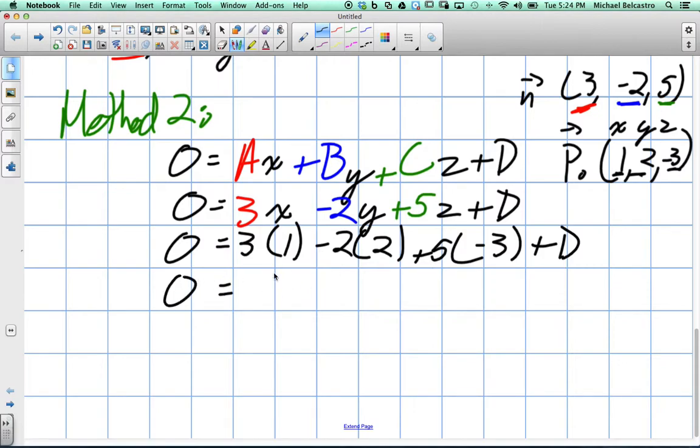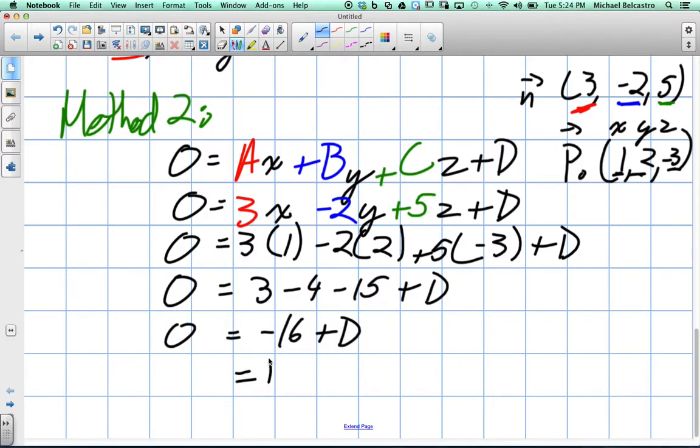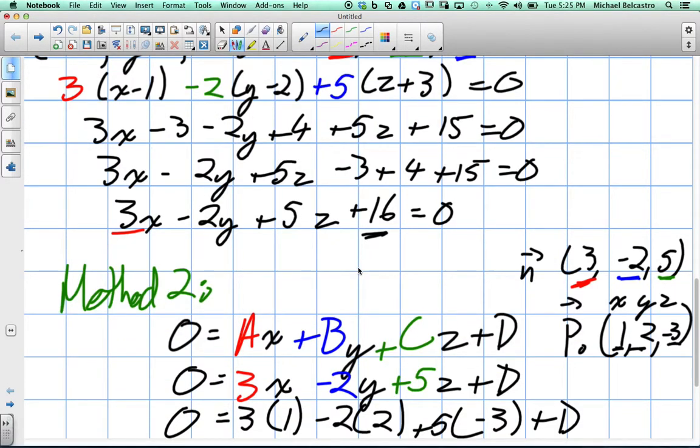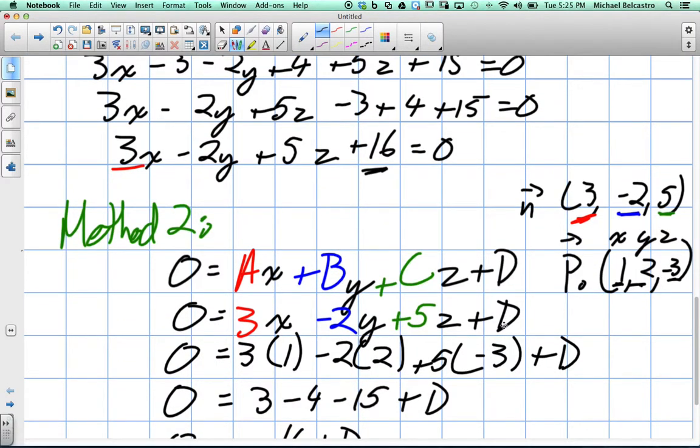This gives us 0 is equal to 3 minus 4 minus 15 plus d. In this case, we'll end up with negative 16 plus d is equal to 0. D is equal to the value of 16, which is exactly what we had found above. So we would just replace our d value with that, and these values are the exact same from there.